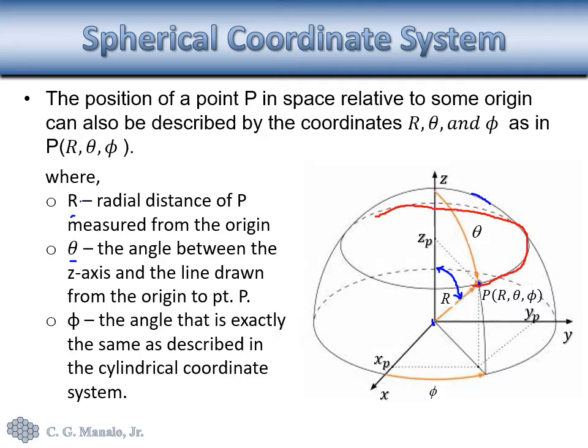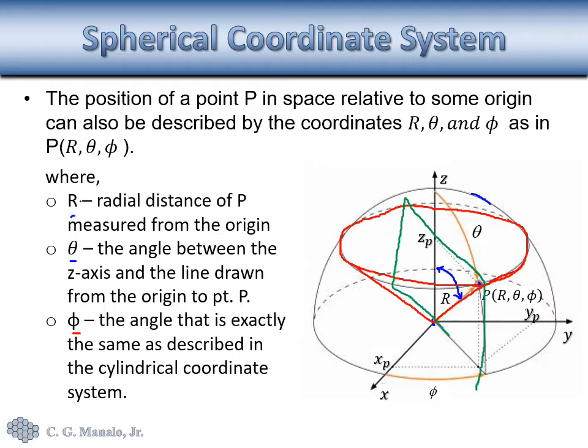So these points here have an angle theta from the z-axis, and it actually creates a cone, a surface that looks like a cone, and another surface created by the angle phi, which is this space here, or this surface here.